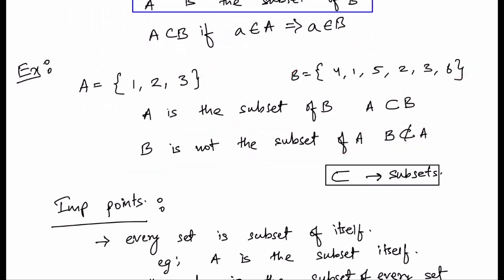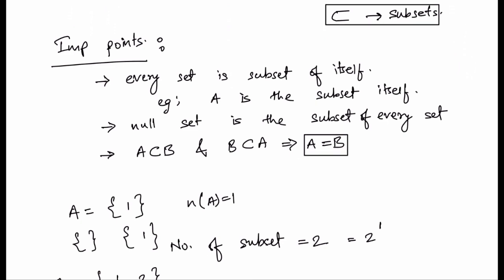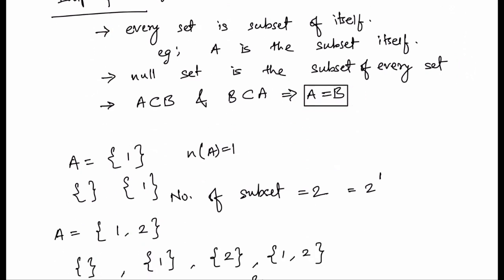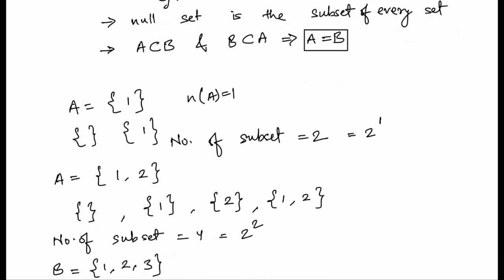Now we have discussed some important points. Every set will be a subset of itself. First point, every set will be a subset of itself, and the null set will be a subset of every set. Then we discussed that if A is a subset of B and B is a subset of A, then we can say A is equal to B. You can take a good example here.